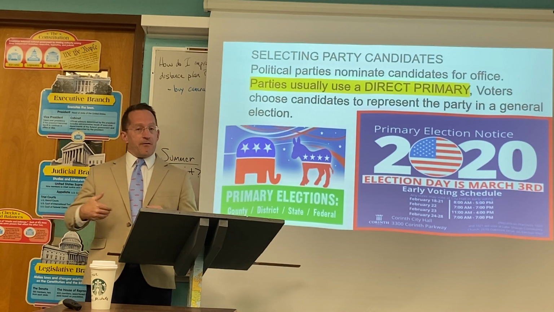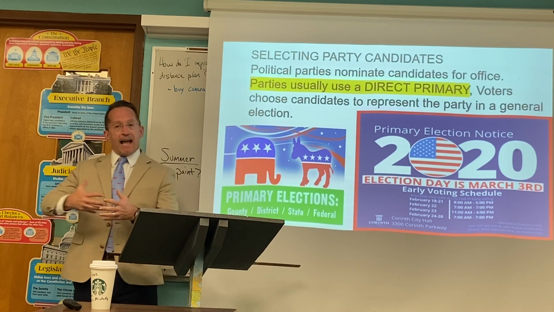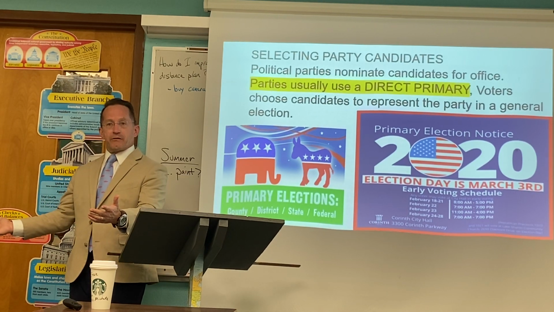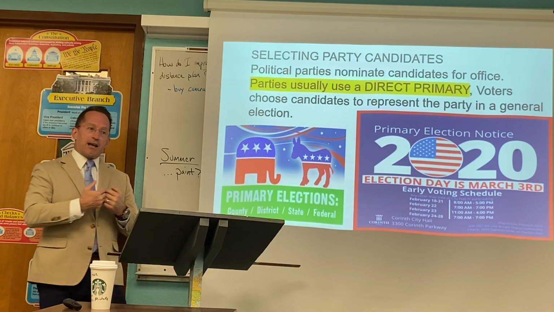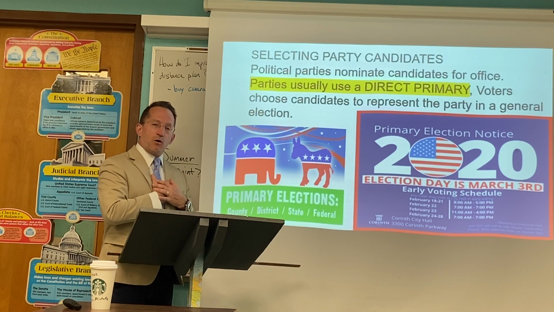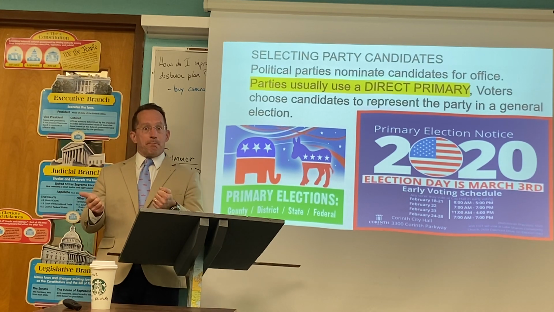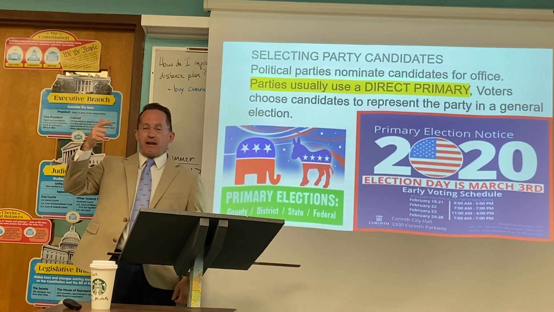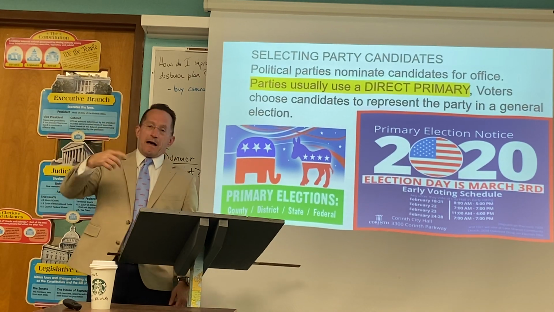Pretty easy. If I'm a Republican, typically you'll have what's called a closed primary. I can only vote for the Republican candidates. If it's a closed primary and I'm registered Democrat, I can only vote for the Democrats. So I'm a Democrat, I want to vote in the Democratic primary, I go to the voting station, I get a ballot, and I'll see Bernie Sanders, Andrew Yang, Pete Buttigieg, Joe Biden.